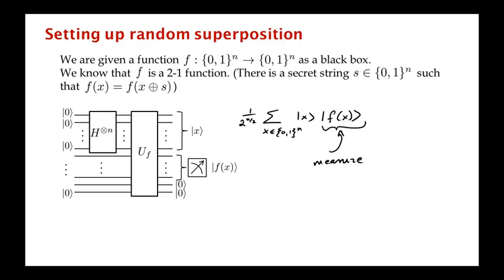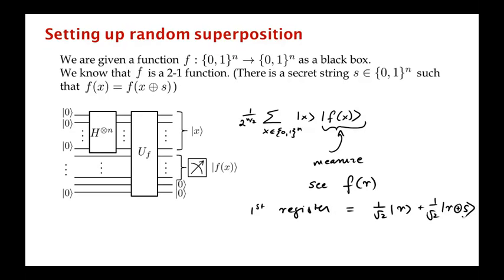Okay, so when we measure, we see f of some random value r, and then the first register's state looks like 1 over square root 2 r plus 1 over square root 2 r plus s.